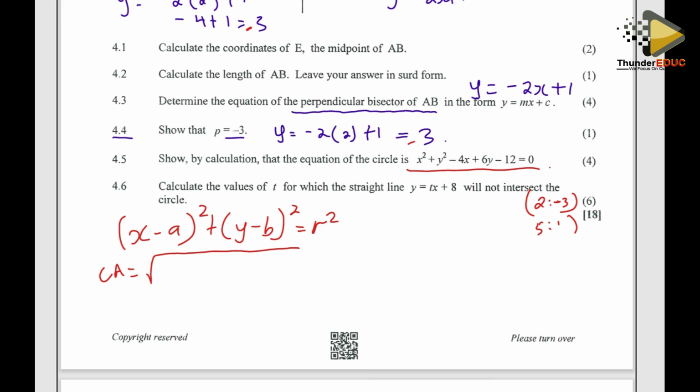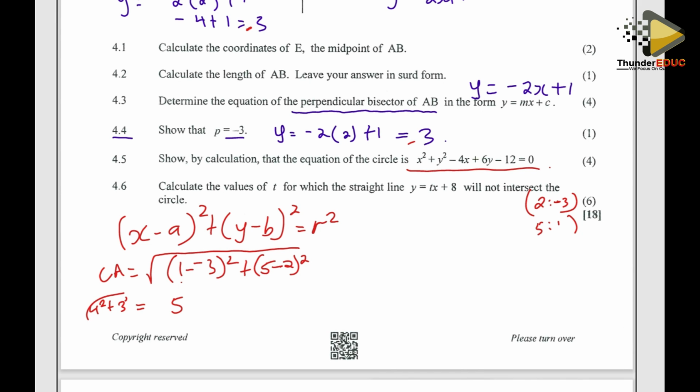Let's do the substitution. It's going to be (1 - -3)² plus (5 - 2)². When I punch that into the calculator, I get 5, because this is 4 squared and this is 3 squared.